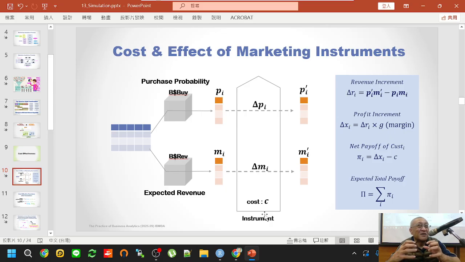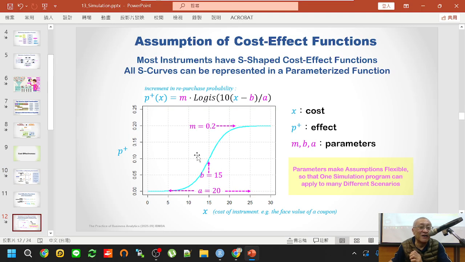it will become more costly, right? And it will also become more effective. You bring in a larger effect, right? So we want to make the assumption that the effect of an instrument is increased by C, okay? And with that, we introduce this kind of S-curve, isn't it?